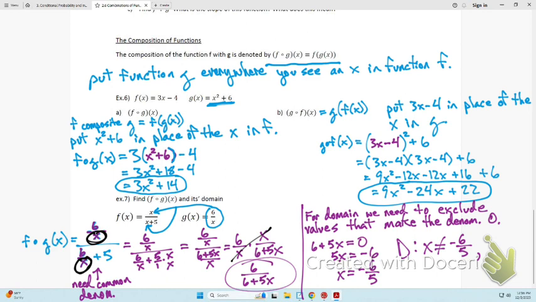X cannot be 0, or you get undefined. So to finish it out, also 0. Oh, I wrote it on the wrong spot. There we go.